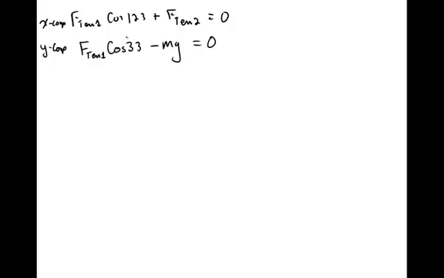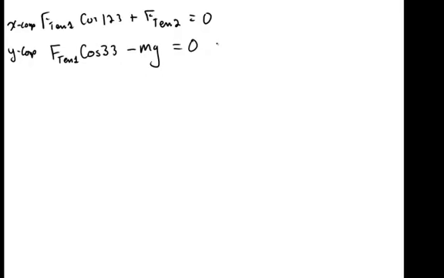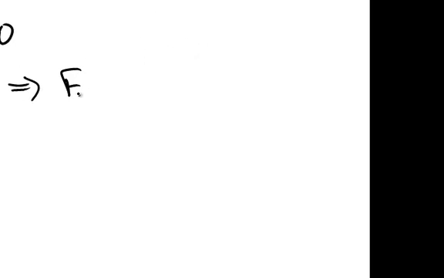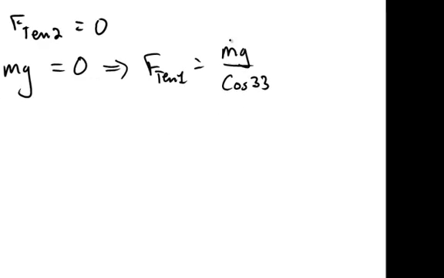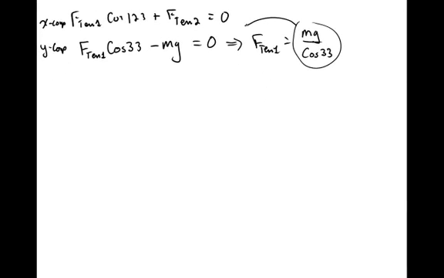So there's several ways to do this. Maybe the easiest way is to look right here. This equation only has one unknown, so let me solve it. And that's going to give me that F10(1) is equal to mg over cos 33. Now I can take and plug this value in for F10(1) in the other equation.